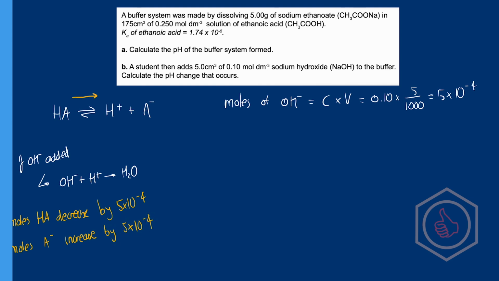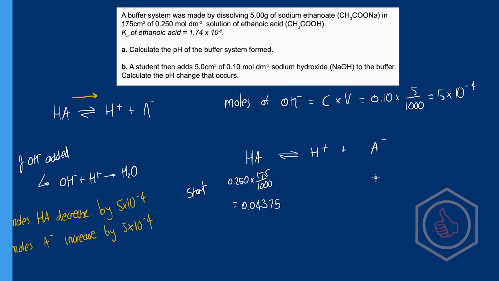Now at this point, there's several different ways you could represent your workings, but I think it's quite neat if we remind ourselves we have our HA going to H plus and A minus, and at the start here, our starting moles of HA we can calculate using the initial concentration of the acid, which was 0.25, and the volume was 175 divided by 1,000, which gives us a starting moles of 0.04375.